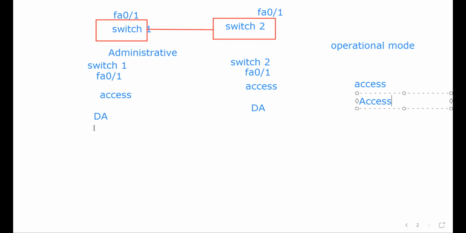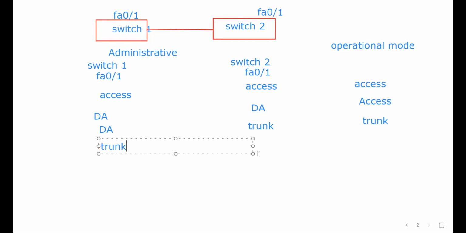Then if switch 1 is in dynamic auto mode and the second switch is in trunk mode, what will the operational mode be? Trunk. When switch 1 is in trunk mode and switch 2 is also in trunk mode, the operational mode is trunk.